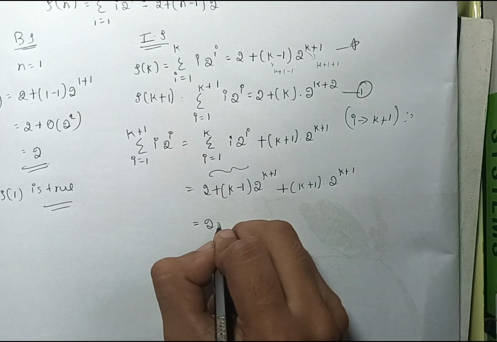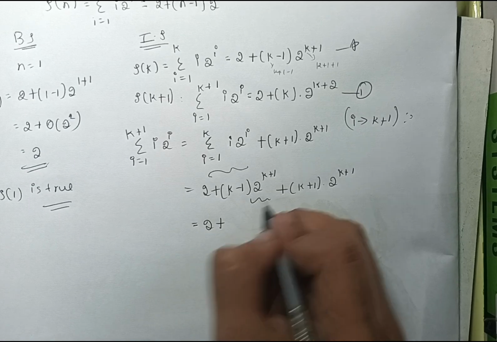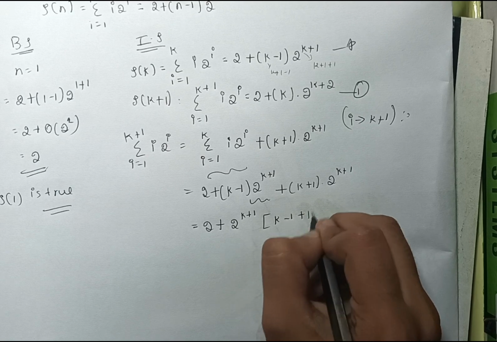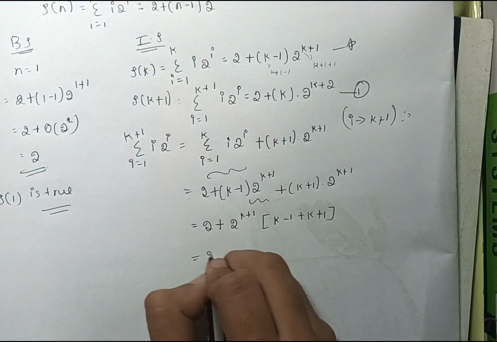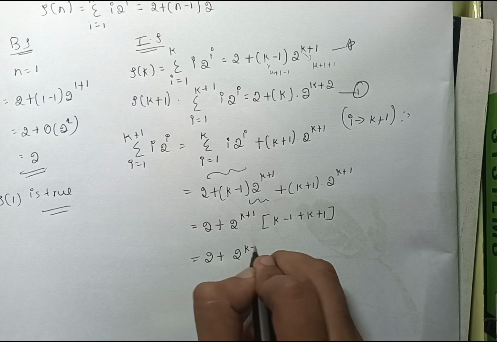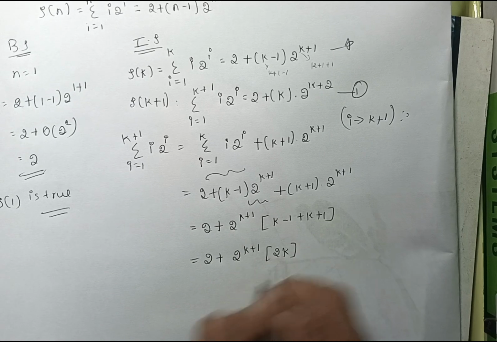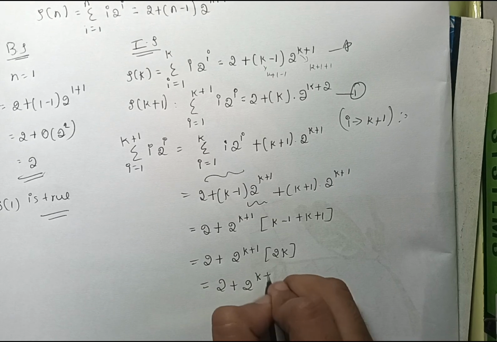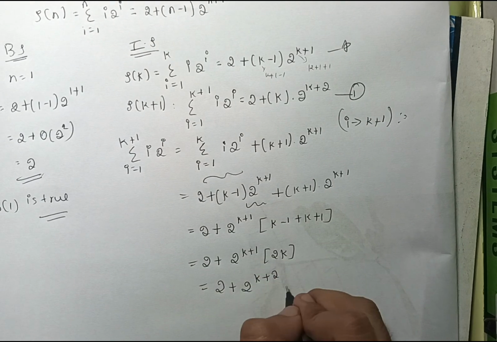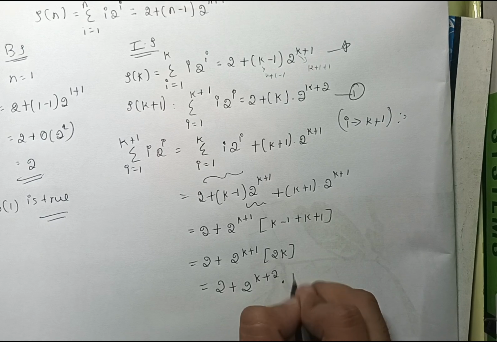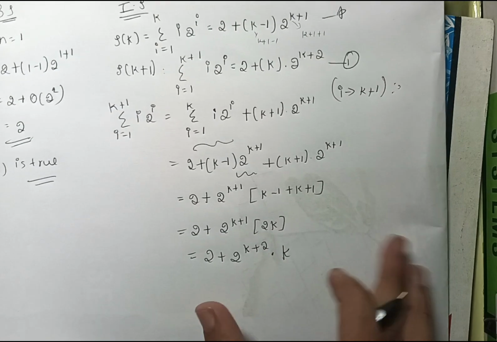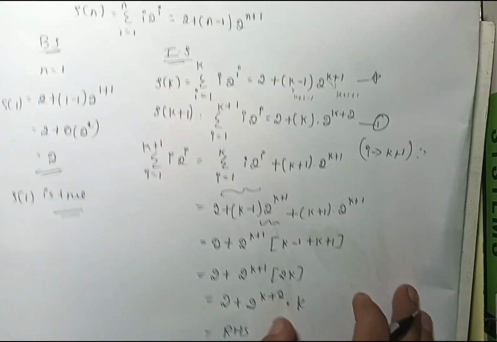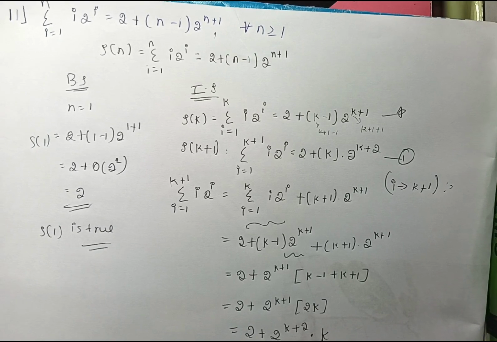Here 2 plus what is common? 2 to the power k plus 1 is common. Remaining is k minus 1 plus k plus 1. That is 2 plus 2 to the power k plus 1 into 2k, 2 plus 2 to the power k plus 2 into remaining is k. Okay, this is the right hand side. Hence we can say s of k plus 1 is also true.